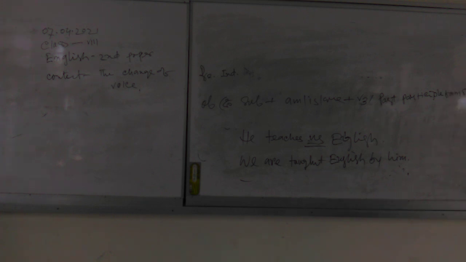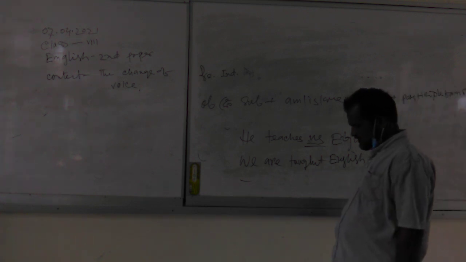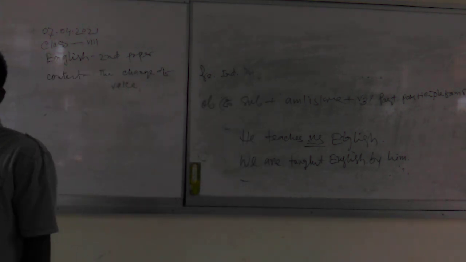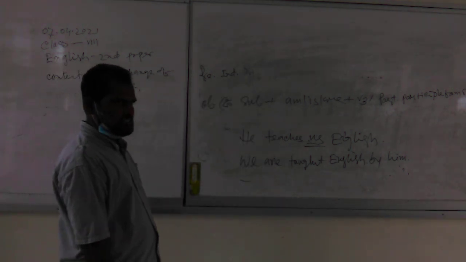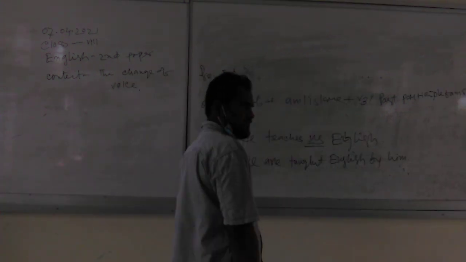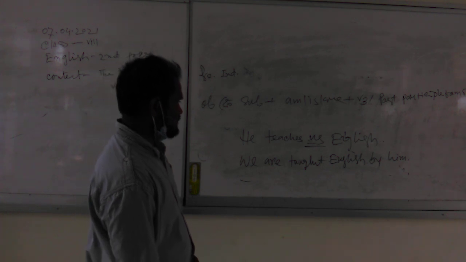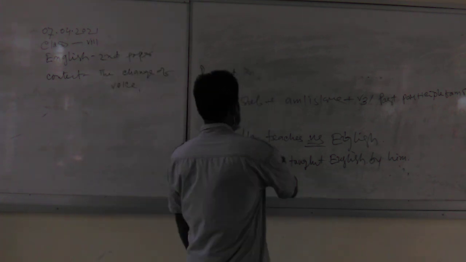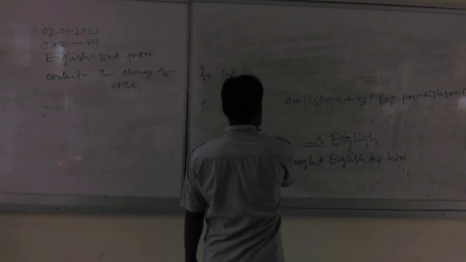The second object will be written after the past participle form of the verb. This is called the second object.